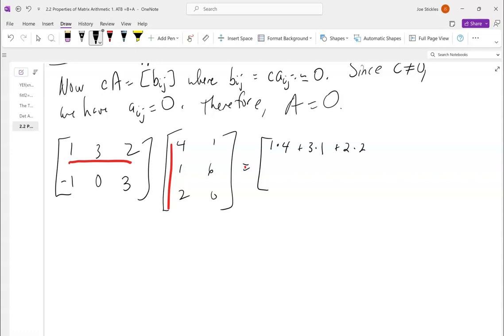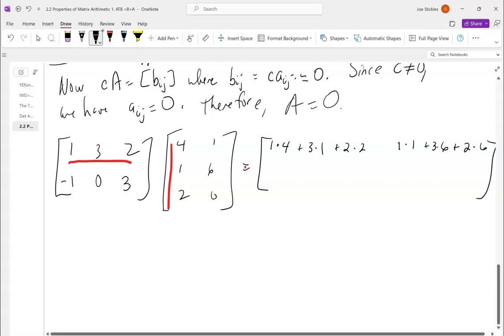And the thing that's changing are the columns of the first and the rows of the second, right? Agree with that? Same thing, and I'll write out the second one. With the 1,2 entry, you would have 1 times 1, 3 times 0, 2 times 6, right? And the other two would be similar.